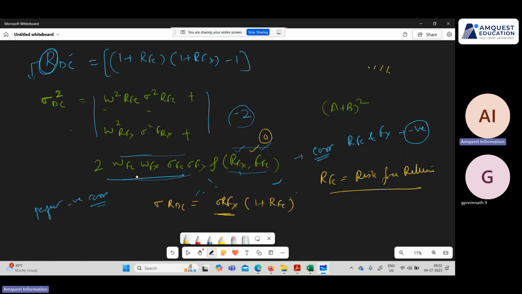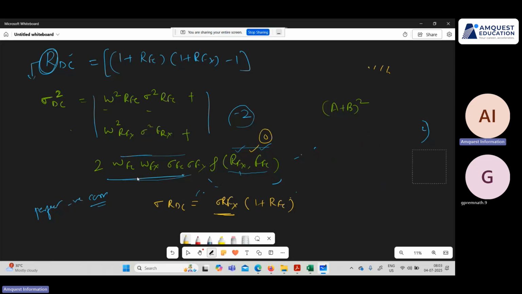So my RFX will be the only source of risk. Yes, right? So can I say that this makes sense? Shall we, RFX, 1 plus RFX. So I'm saying let's just try to redo this.